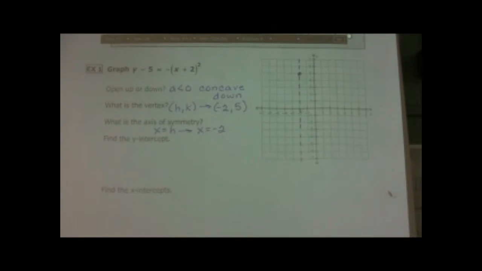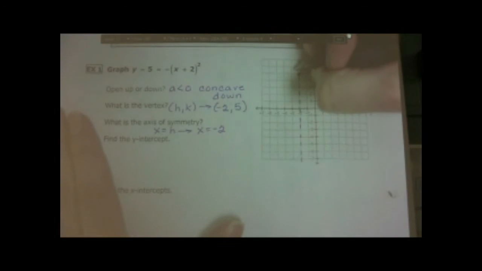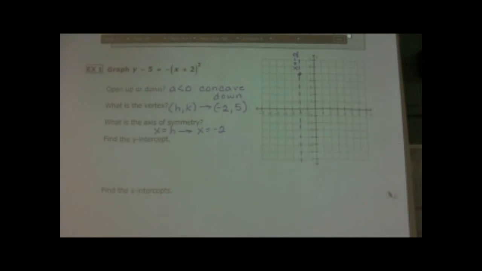And I'm going to actually label this x = -2. I'm just going to write that on my line. So I know that the left side of this graph and the right side of this graph are going to be mirror images of each other.